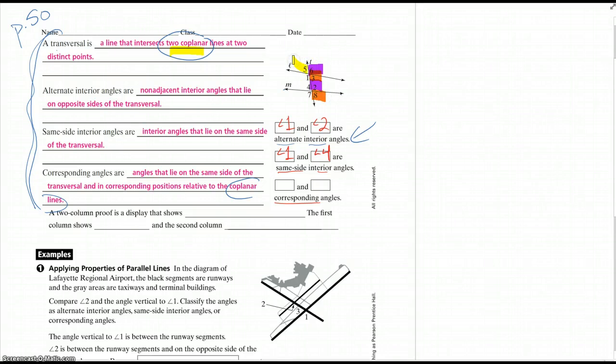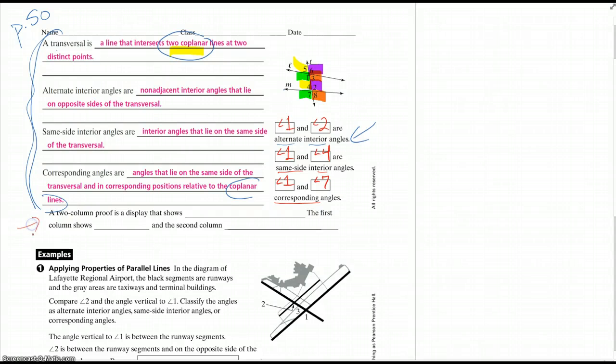Angle 5, top left, angle 4, top left, angle 1, bottom left of the intersection, angle 7, bottom left of this intersection. So I'll choose angle 1 with angle 7 for this example. You have 4 different choices that are all correct.